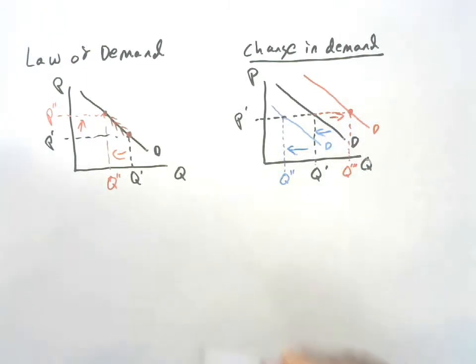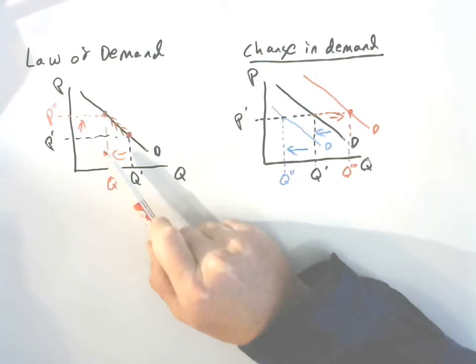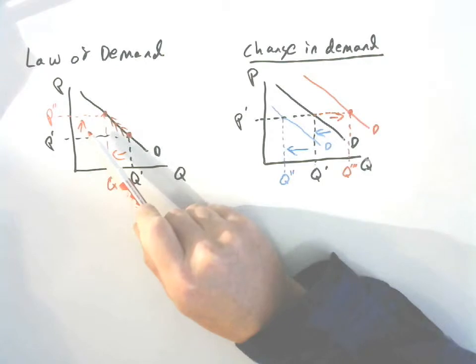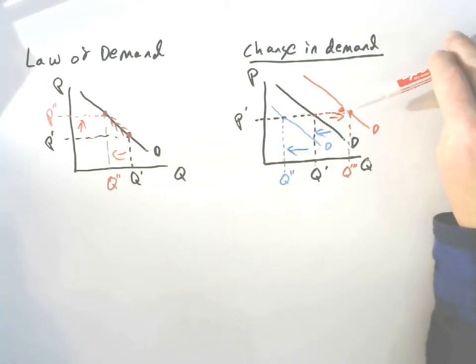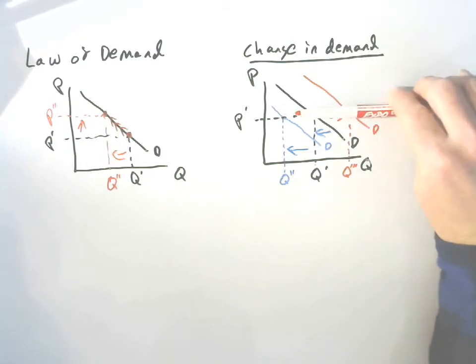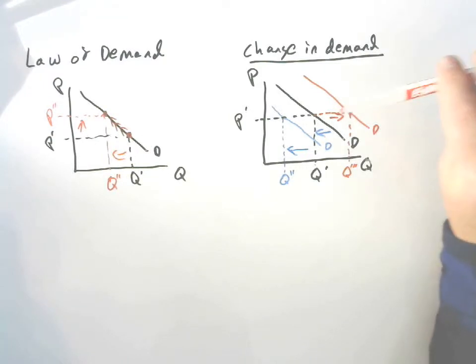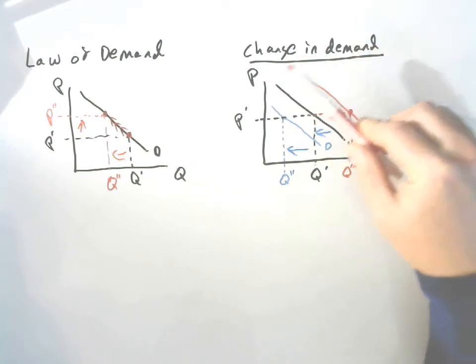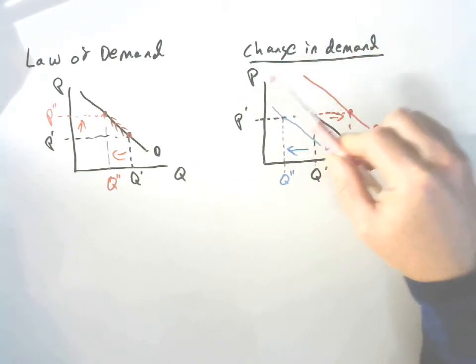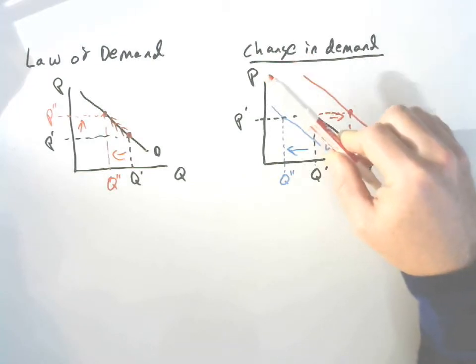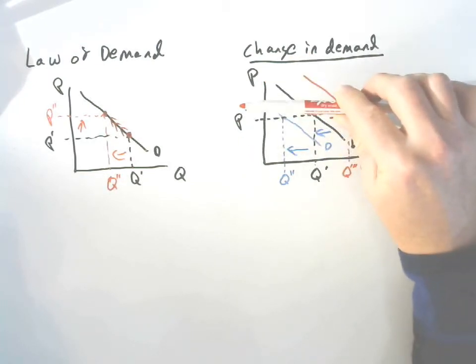So while we analyze the law of demand and changes in quantity demanded by changing the price of the product, we actually analyze changes in demand holding the price of the product constant and changing something else in the model. In other words, adding a shock to the model that influences our desirability of that product or service at any price level.